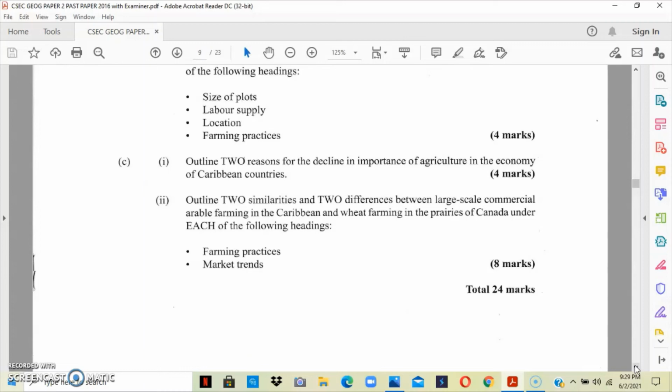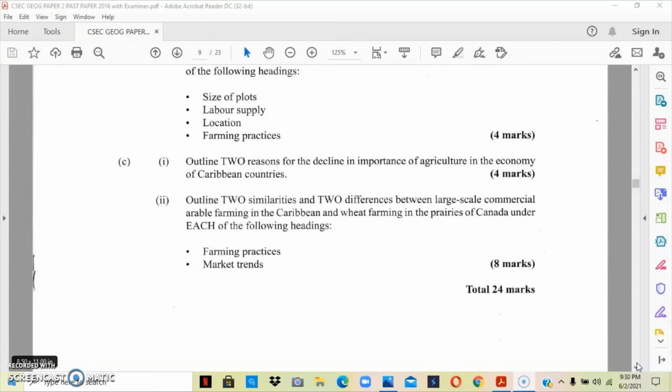Now, part two asks us to outline two similarities and two differences between large-scale commercial arable farming in the Caribbean and wheat farming in the prairies of Canada under each of the following headings. So we're looking at farming practices and we're looking at market trends. Okay, so let's look at the similarities first.